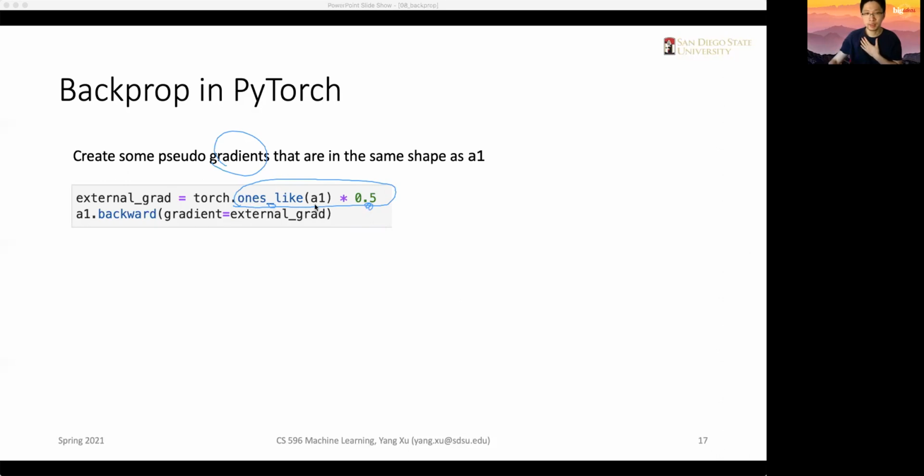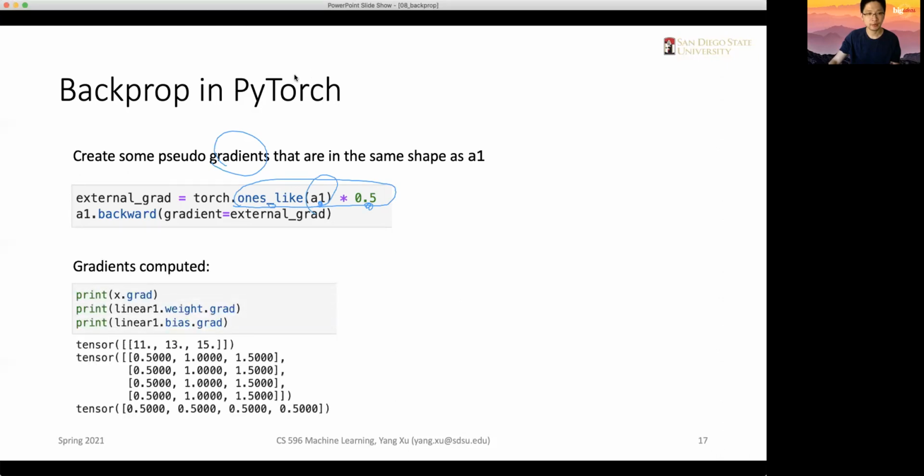Because A1 is a 4-dimensional vector. Actually, A1 has 4 elements in it. After the gradients are defined, we will call backward, feeding the gradients to the backward function.